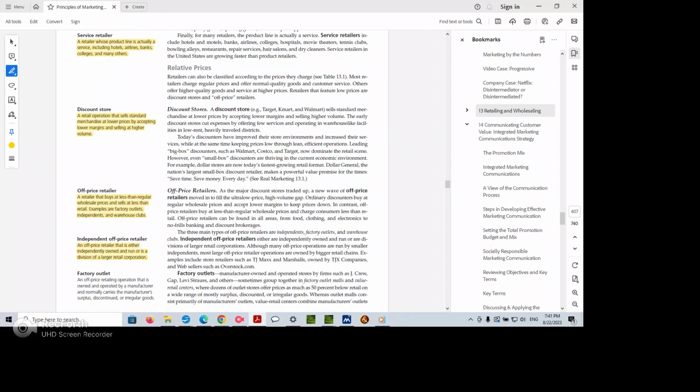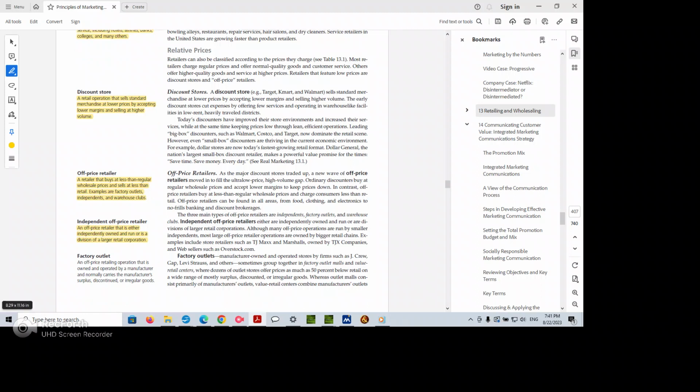And as far as a factory outlet, which is similar to an off-price retailer, a factory outlet is an off-price retailing operation that is owned and operated by the manufacturer and normally comes with manufacturer's surplus, discontinued or irregular goods.